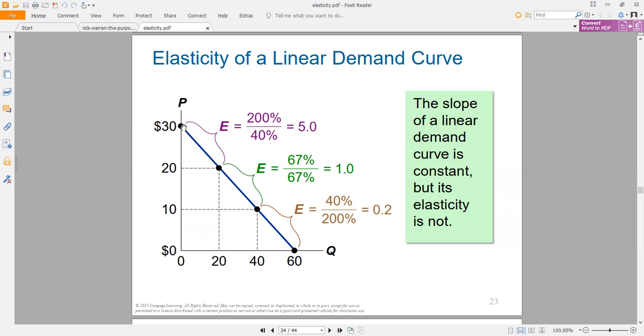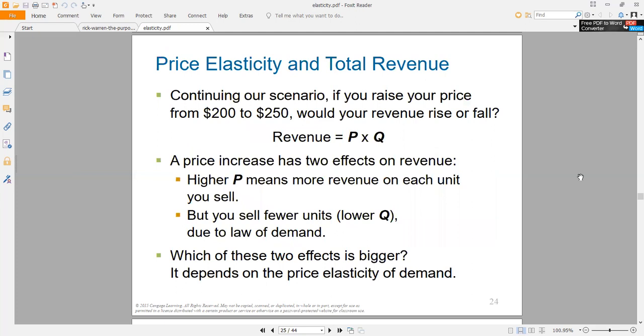As you move down from the top to the bottom, there's a reduction in the sensitivity of the consumer. In other words, the demand for the good becomes less elastic. Now we want to look at the relationship between price elasticity and total revenue.